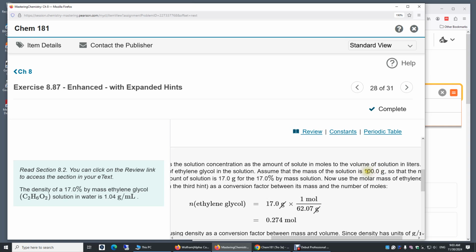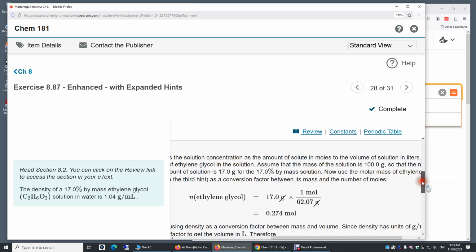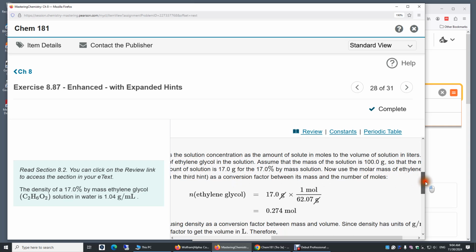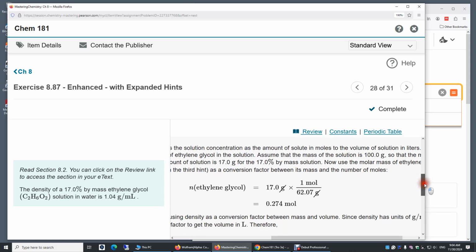Or you can assume 1 gram of the solution. It does not matter. Both the concentration and the mass percentage and the density are so-called intensive properties. They do not depend on the amount of the chemical.